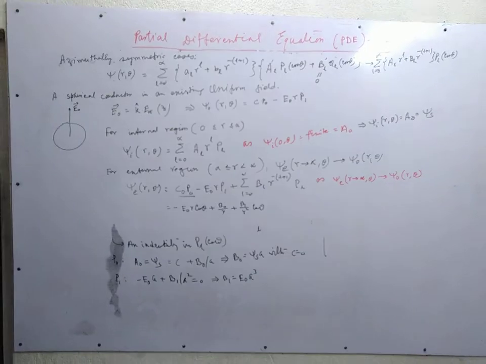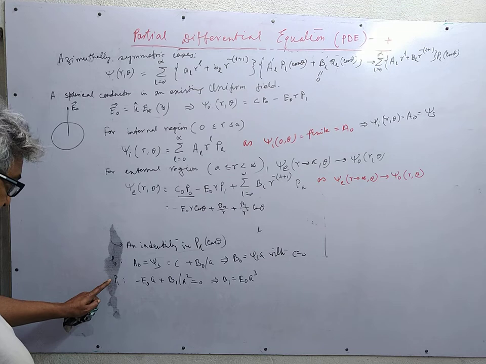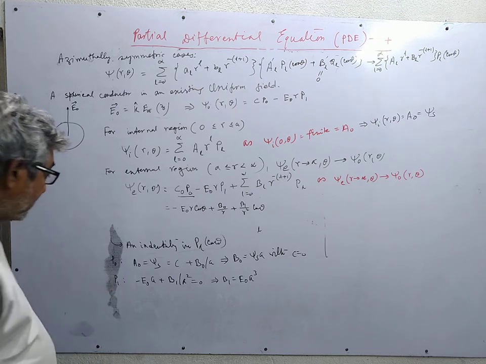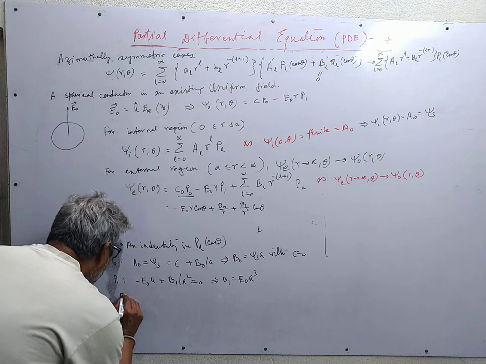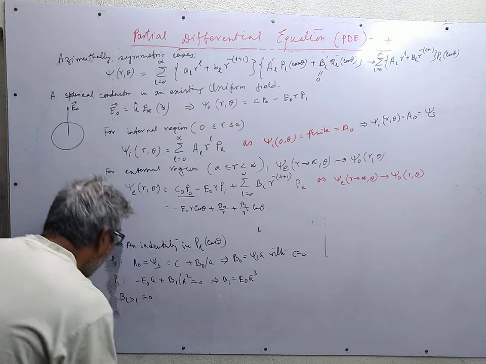And if we compare other higher orders of Legendre polynomial, the coefficients are 0. So all BL with L greater than 1 is 0 identically.